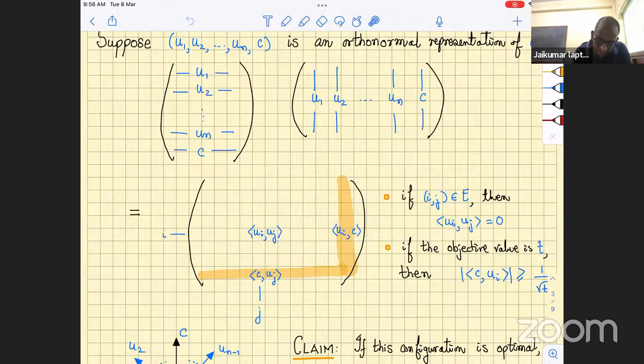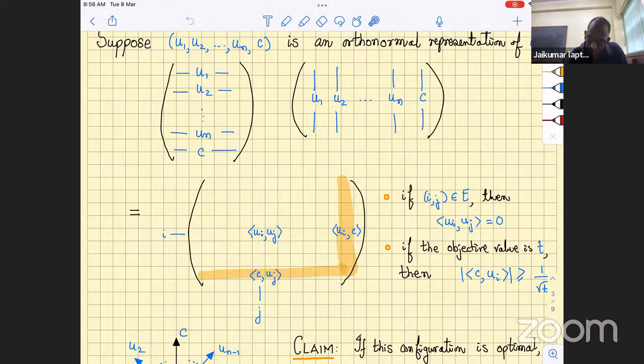You will get the dot product of u_i and u_j. Then in the last row and last column, you will basically get the dot product of all your vectors with c. This will be the dot product of c with itself, but these are unit vectors. So on the diagonals, you will have ones.